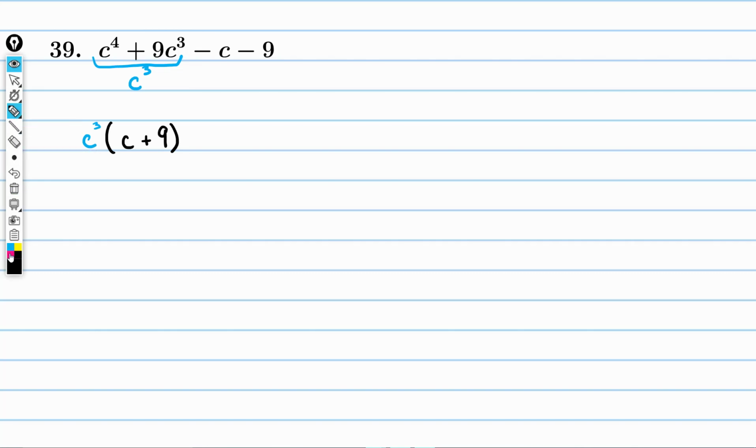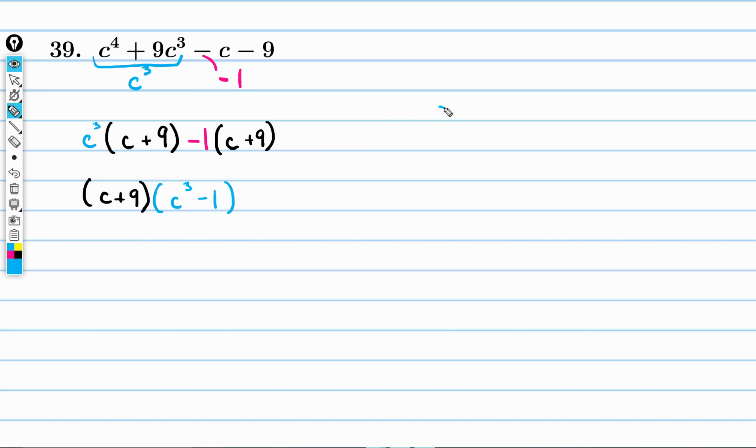Now let's look at our second parenthesis. It's negative, so I'm going to have a minus. And there's no number in common, so it's just going to be negative 1. And that's just going to change the sign, so it's going to become a positive c plus 9. I write down the common factors, c plus 9, and I write down what's left, c cubed minus 1.